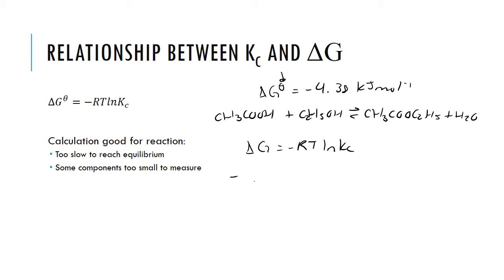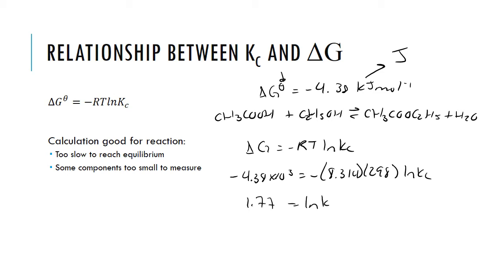Negative 4.38 times 10 to the third, because we had to change this from kilojoules to joules since the gas constant is in joules, equals negative 8.314 times 298 Kelvin times the ln of Kc. Then divide by those values and you get 1.77 equals ln Kc. So we take e to the 1.77 and you get 5.9.